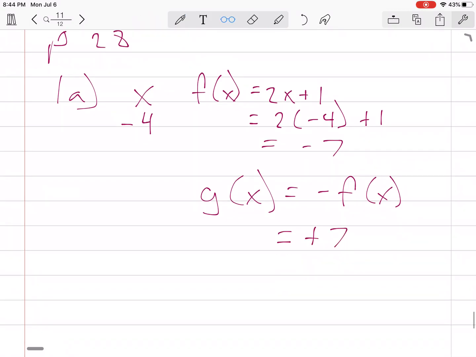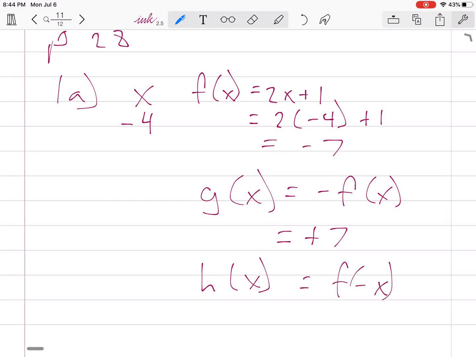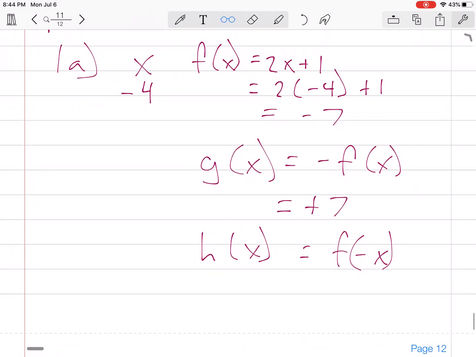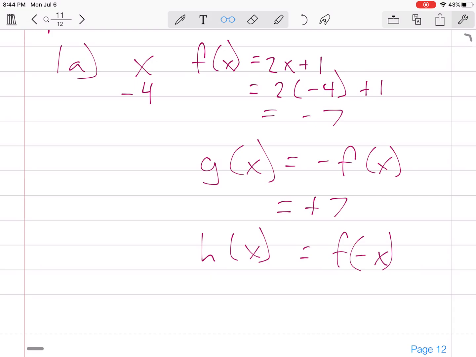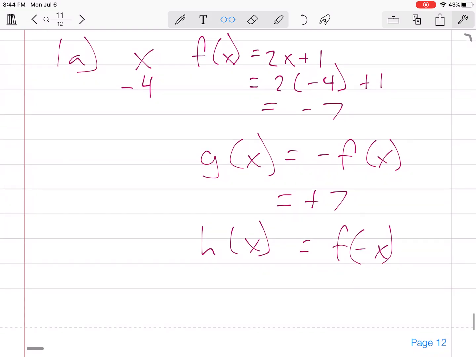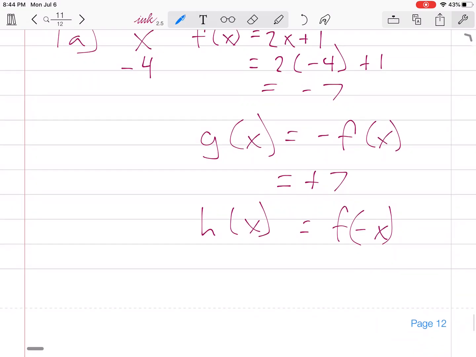And then the one that was kind of confusing was the h(x), which was f of minus x. Okay, so how do you do this one? So what this is saying is h(x) is equal to the f(x) function with a negative x inserted. So now instead of inserting negative 4, what you're going to do here is you're going to insert positive 4.